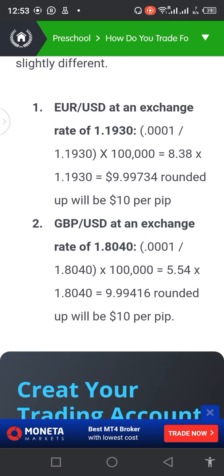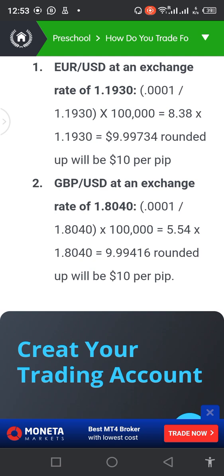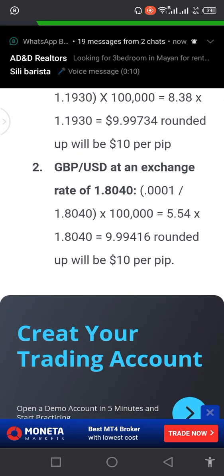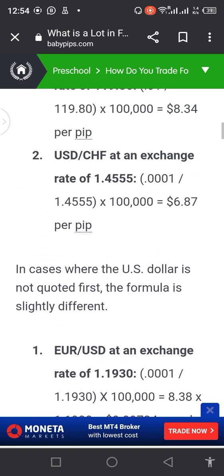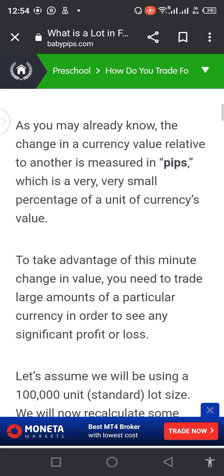So the GBP/USD at an exchange rate of 1.8040, the standard rate of that particular pair, times the standard lot size equals 5.54, times 1.8040 equals 9.99416, rounded up will be 10 per pip. So that's how we calculate the pip or the lot size of that particular pair, and that's how we get the pip of each pair.